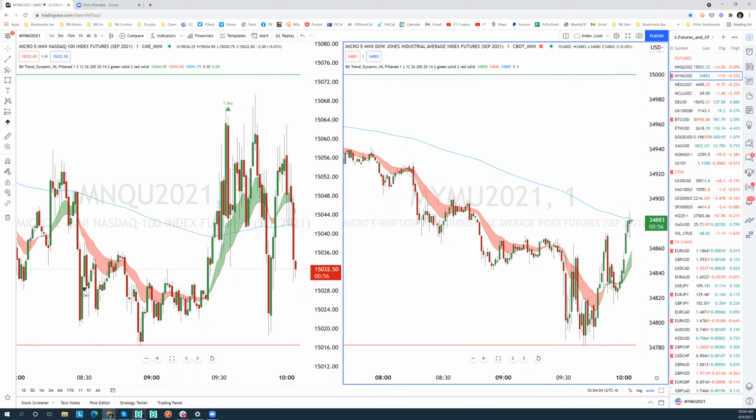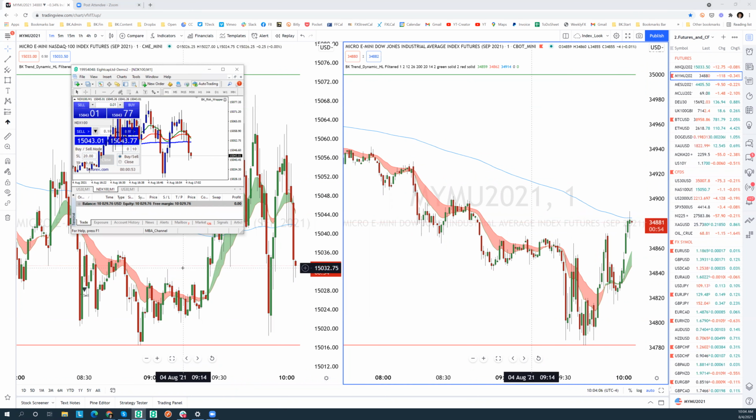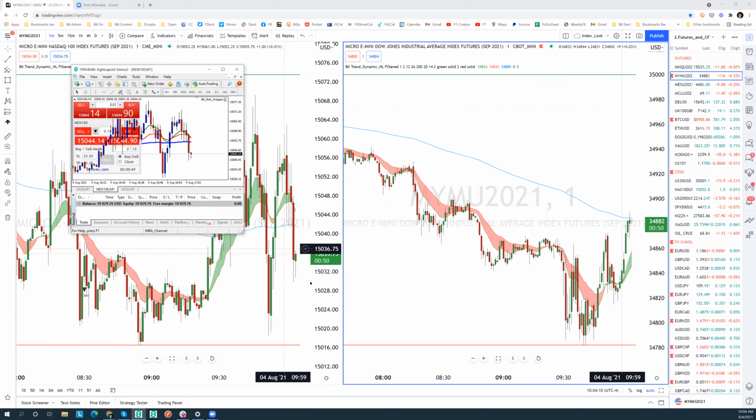All right, let's hang and watch what this thing does. It still doesn't look like we have a lot of momentum here. It just looks like we're shoveling back and forth in a very, very sloppy range trade here.